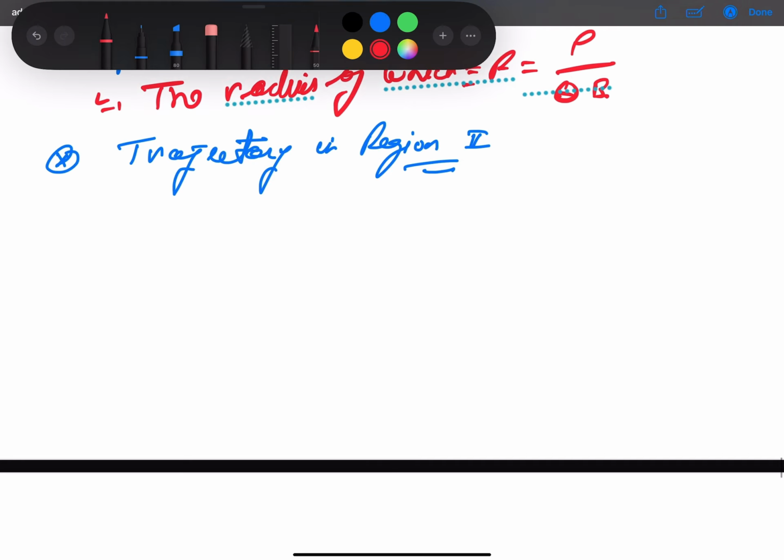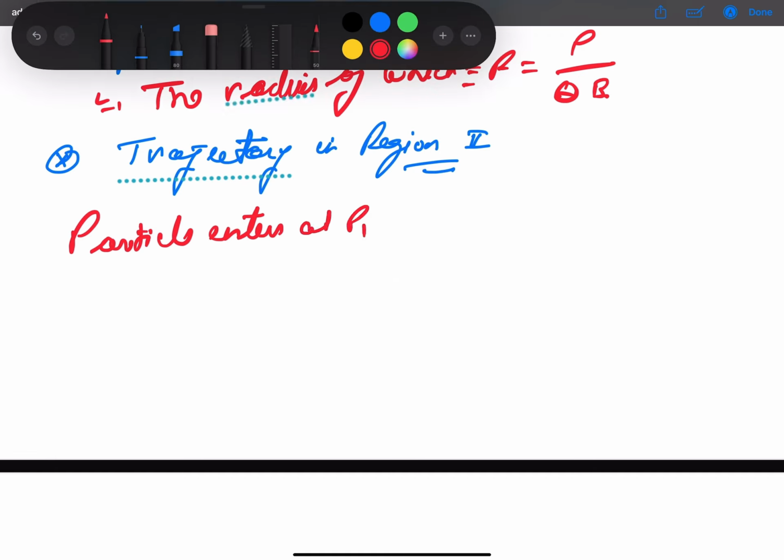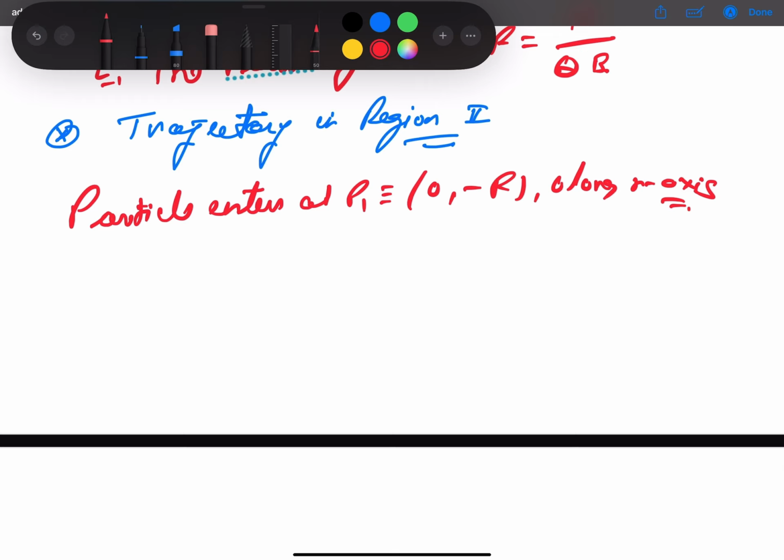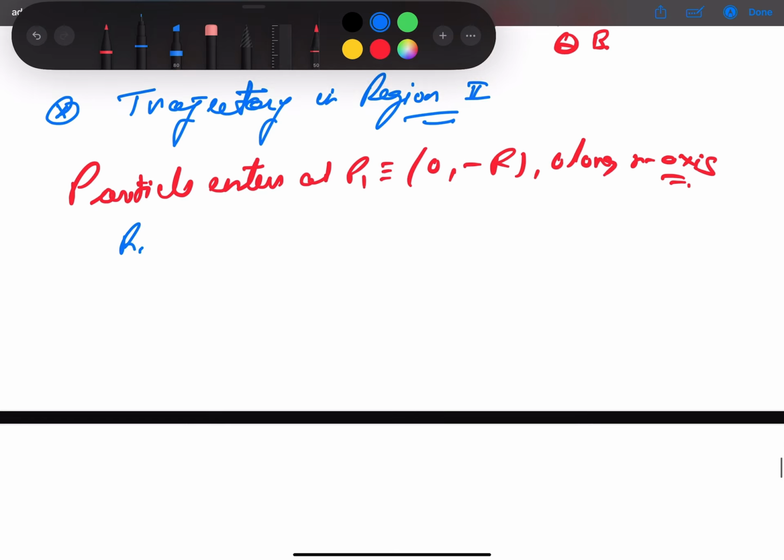Now it says that the particle enters at P1, whose coordinates are given as 0 and minus r, along the x-axis. So the radius we already know, that is our momentum divided by charge multiplied by magnetic field.